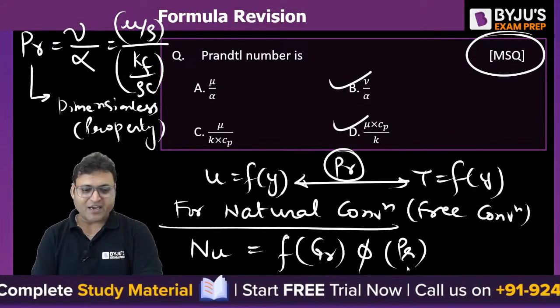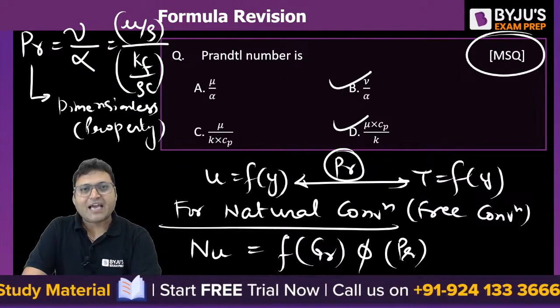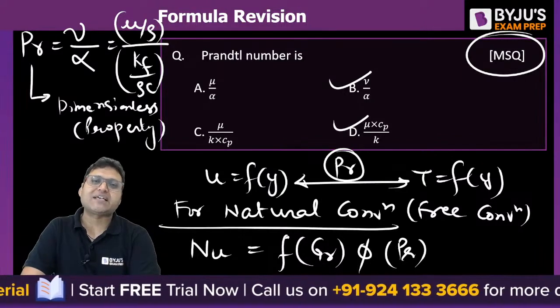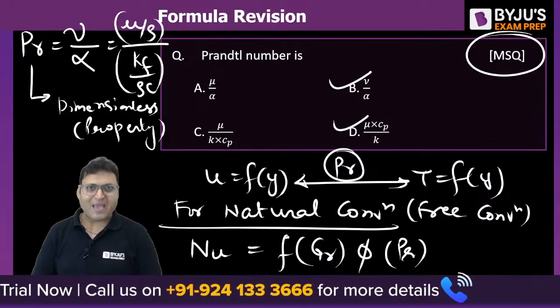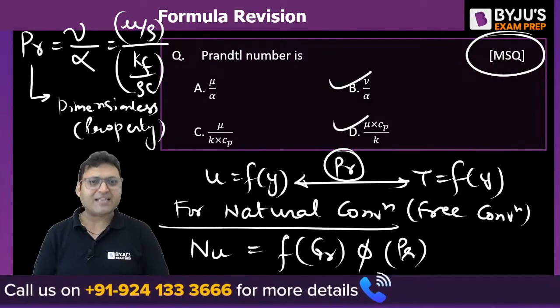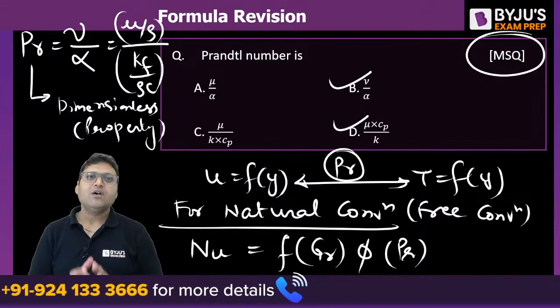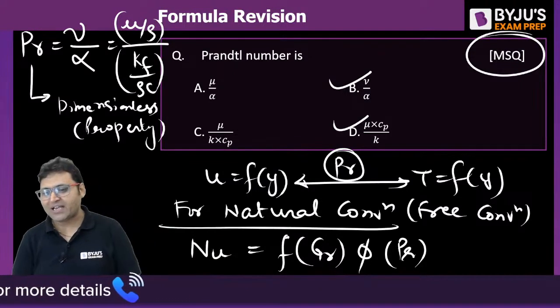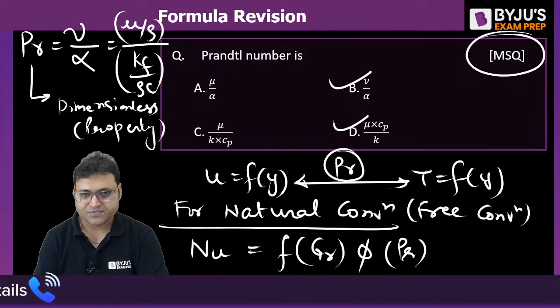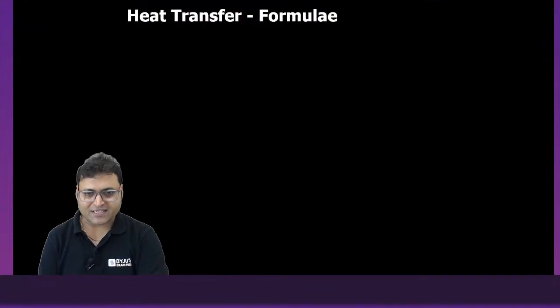Now from here, convection or forced convection can be further divided into two types. To make our analysis simple, we divide forced convection into two types: one is external forced convection, another is internal forced convection. Let us talk about external forced convection.